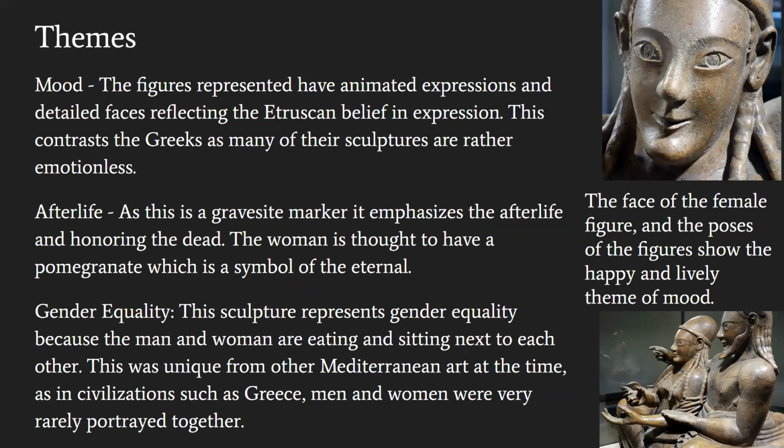The theme of gender equality is also shown because the man and the woman sit next to each other almost as equals, which is very uncommon, especially at this time. And the pictures here show the theme of mood as the faces and the poses are very lively and animated.